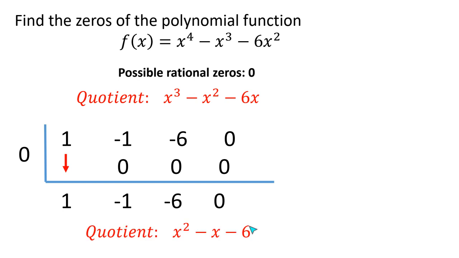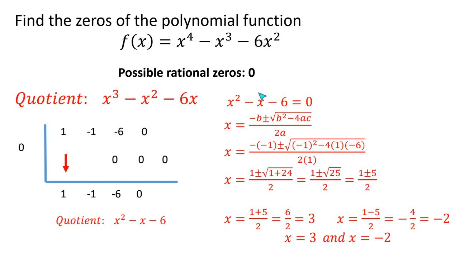Okay, so if I break down my quotient, since I had x cubed, I'm going to begin with x squared minus x minus 6. So finally, this is quadratic. And so I can go ahead and try to factor. It does factor, but I went ahead and used the quadratic formula. So we plug in our b is -1, our a is 1, and our c is -6.